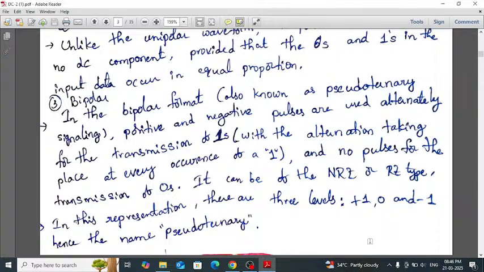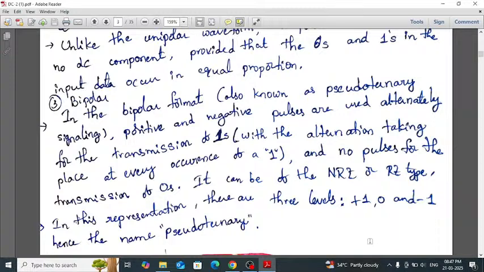Bipolar format is also called as pseudo ternary logic, which is also called as AMI, alternate mark inversion. These are the different names of the bipolar format.